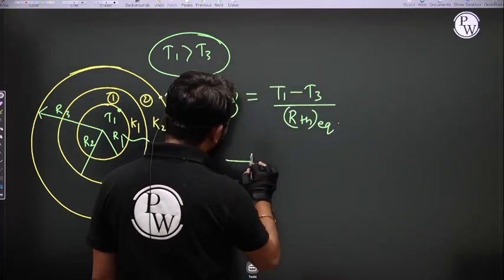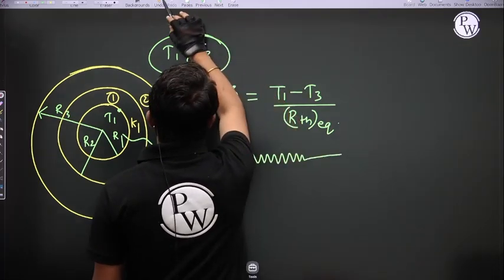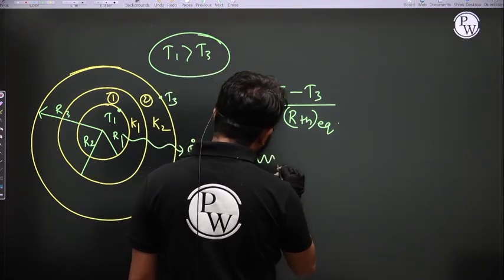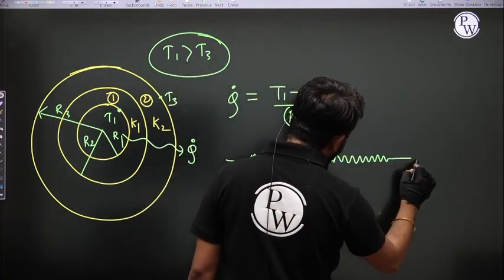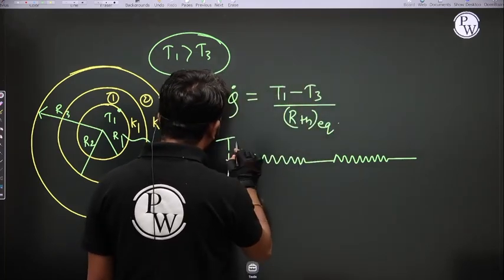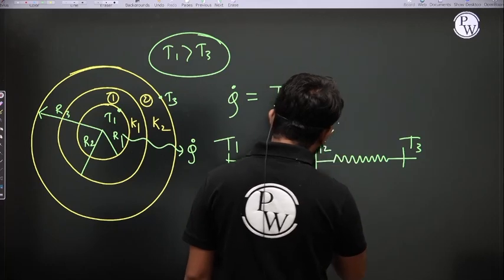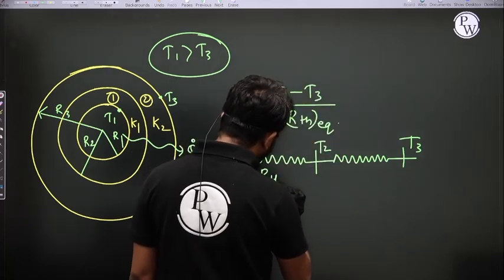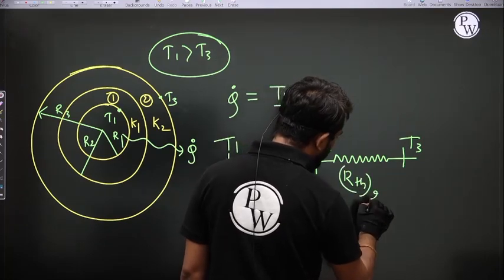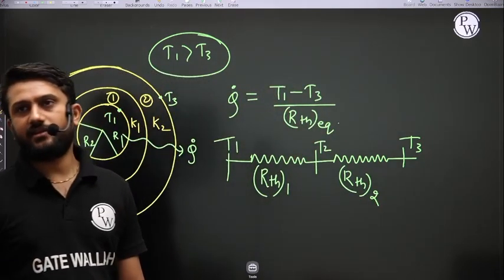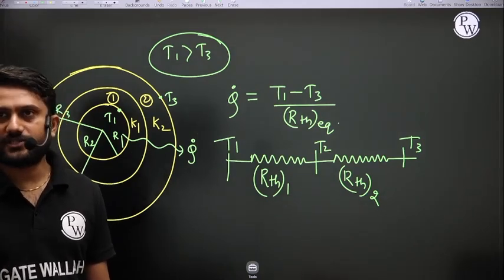This is the thermal resistance of sphere 1, this is the thermal resistance of sphere 2. Here the temperature is T1, here T3, here T2. This is R_TH1, this is R_TH2. The same thing we already discussed in the multi-layer cylinder, or composite cylinder.